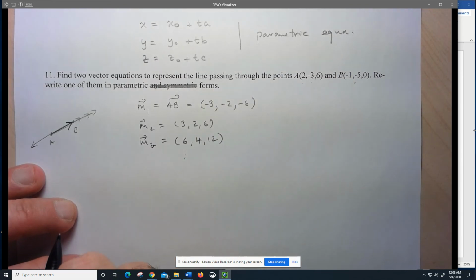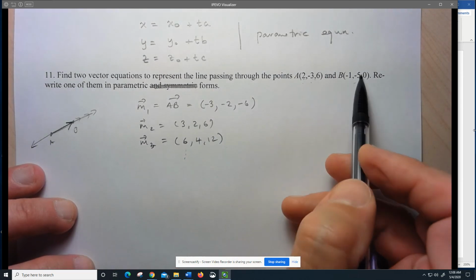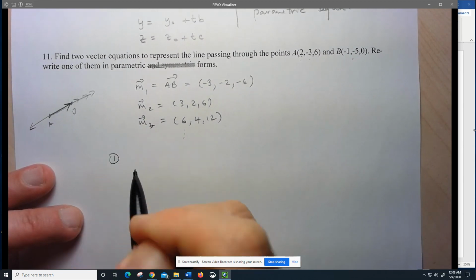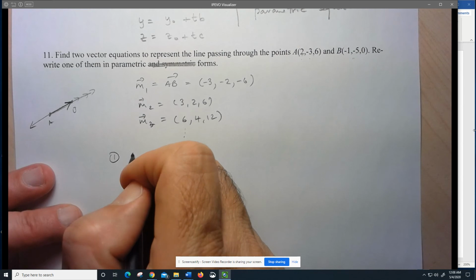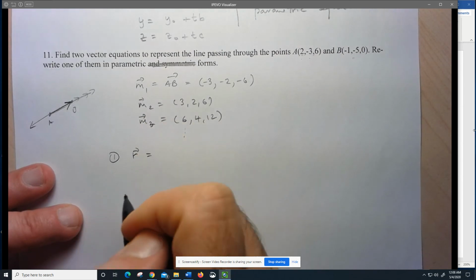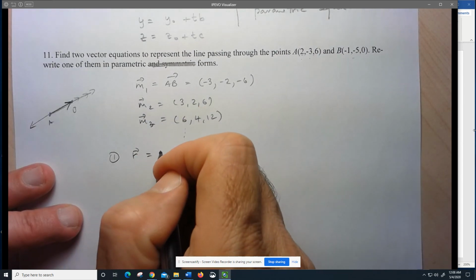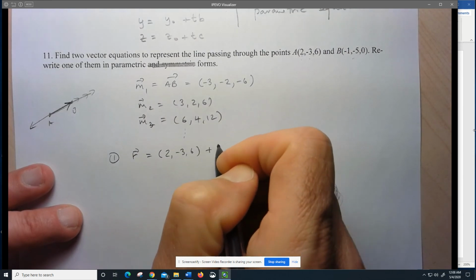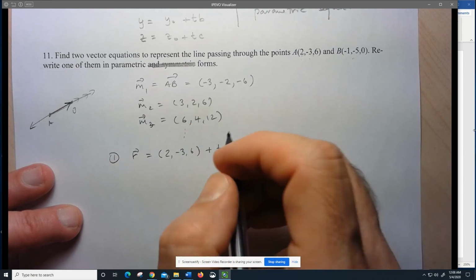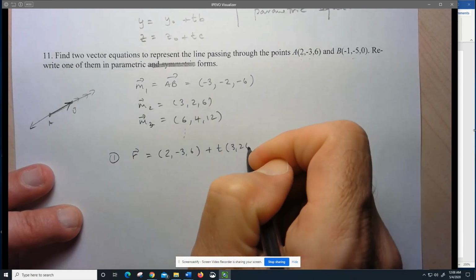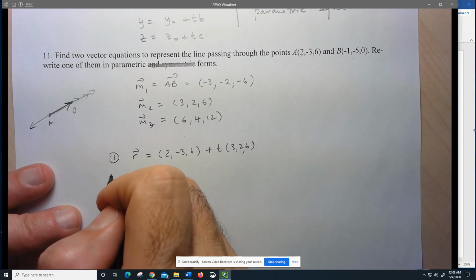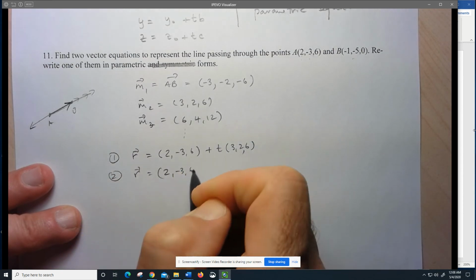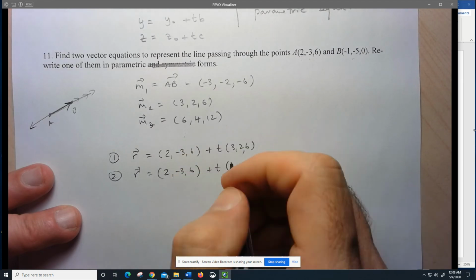And of course I can use either A or B as my starting point. So if I want to write a bunch of equations, I'll write 3 of them. One of them could be r as a vector equation is equal to, let me start with that as the given point, the vector to that point, 2, -3, 6, plus t times, let me use 3, 2, 6. This would also work: 2, -3, 6, plus t times 6, 4, 12.